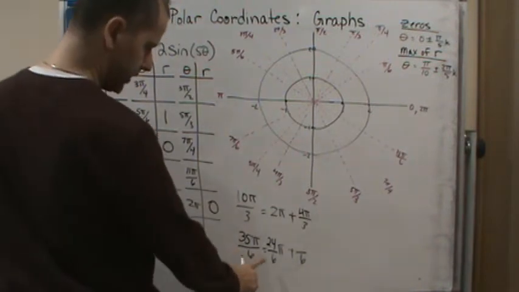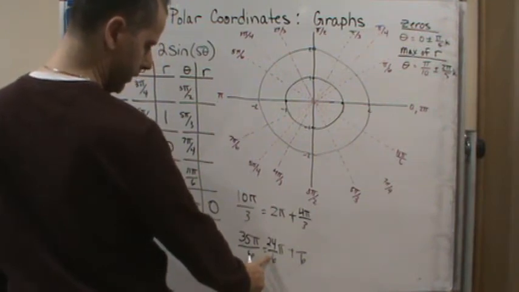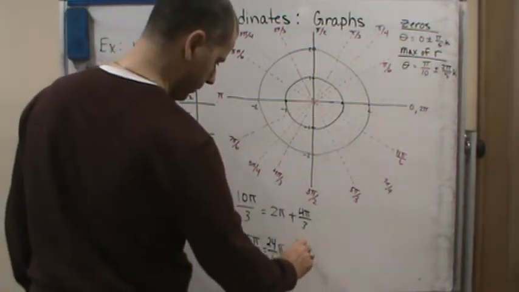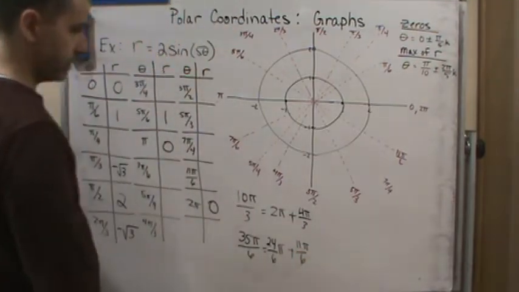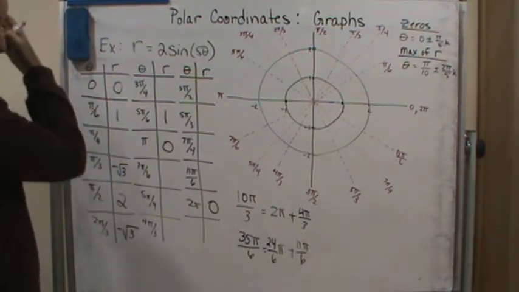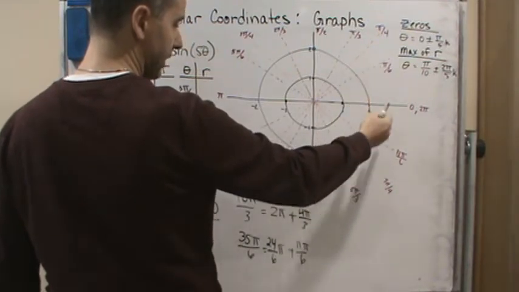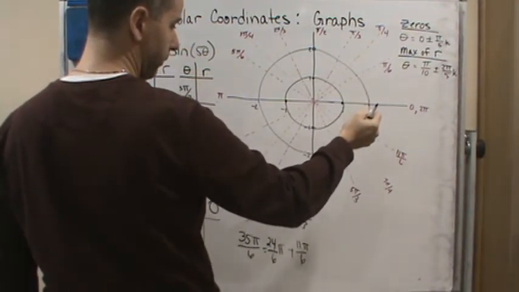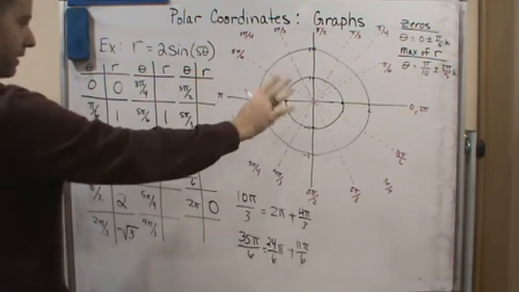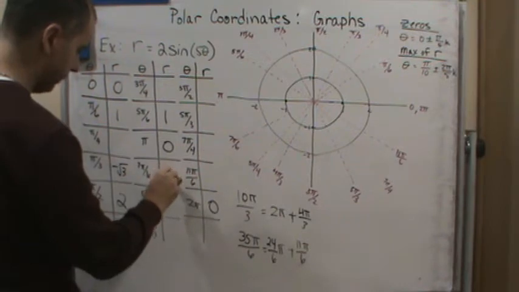If I have 24 pi over 6, that gives me 11 pi over 6, which is right here, which is going to be negative. And so that gives me negative sine of 30 degrees. That's a negative, so that's sine of negative 30 degrees. Sine of 30 degrees is 1/2, but it's negative 1/2, so that gives me a negative 1.